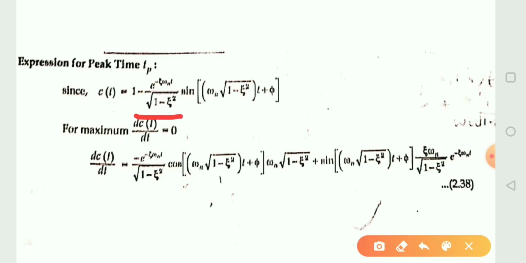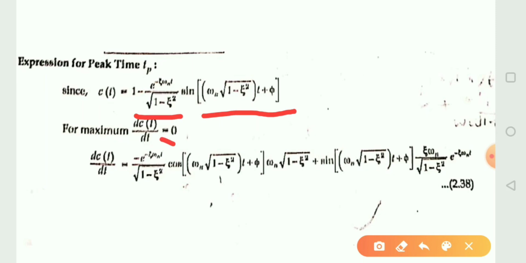Now if we take differentiation of this equation, we can see here we have two terms. One is e to the power minus zeta omega n t upon under root of 1 minus zeta square, and the second term is sine of omega n under root of 1 minus zeta square into t plus phi. So here we can apply the product formula.